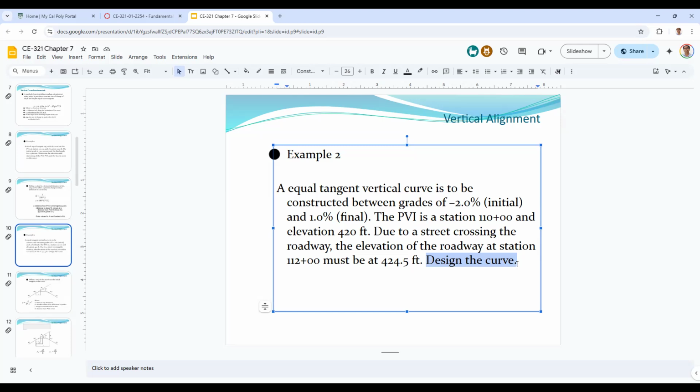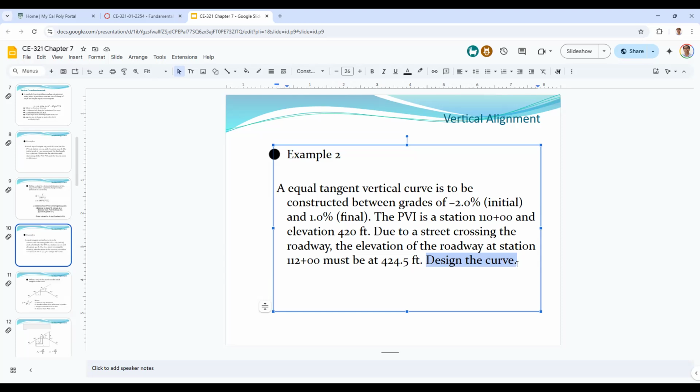Do we know B? We're kind of doing a status check. What can we find from here? We know B because B is just G1, and in this case it's going to be 0.02, or 2 over 100.